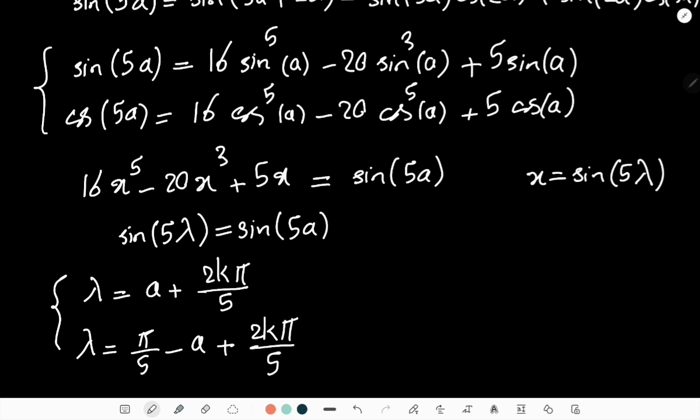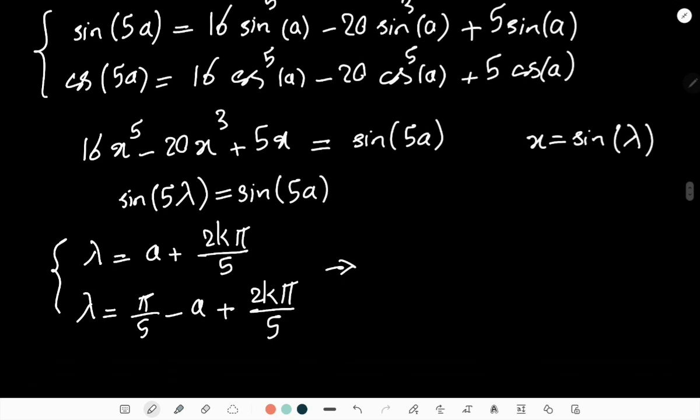And interestingly, I think here I made a mistake. I should have assumed that x is equal to sine of lambda, because then the left hand side will be sine of 5 lambda. And if I just basically put lambda into x equals sine of lambda, then I get these values, sine of a plus 2k pi over 5.